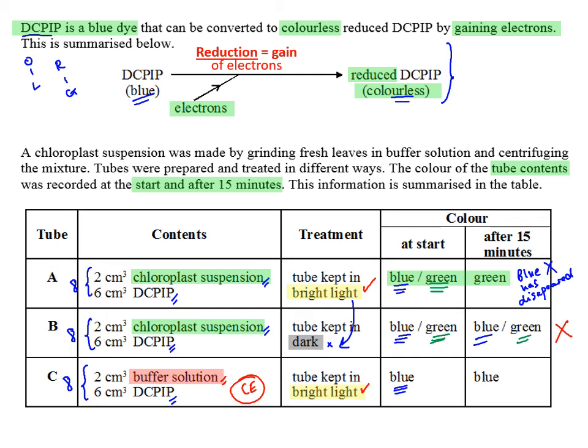Because if it was reduced, that blue colour would have disappeared like it did in tube A. So for tube B, the blue colour is still there, the chloroplast is still there as well, and therefore DCPIP has not been reduced. We know therefore that in tube A, because the blue colour does disappear, DCPIP has been reduced. Now in tube C, the blue colour remains, so DCPIP has not been reduced, as we might expect from our control experiment, because there are no chloroplasts.